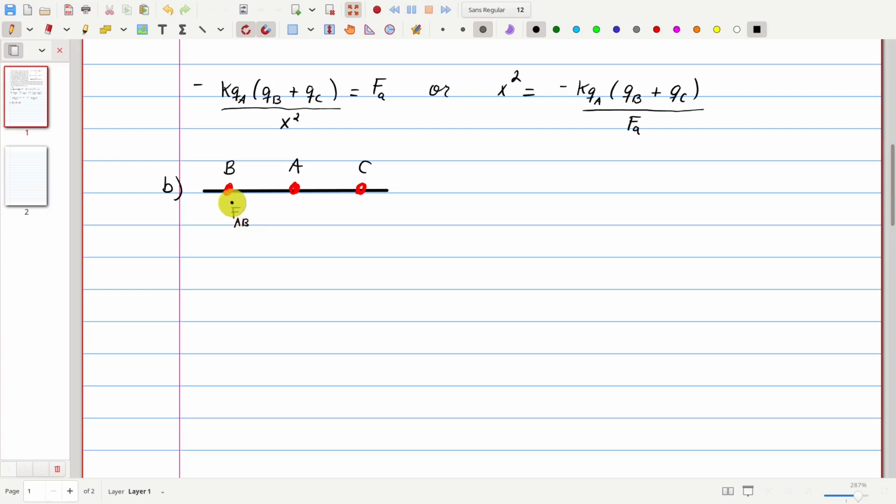This change of position implies that the force on particle A due to B is now in the direction of the unit vector x. So it will be positive. But the force on A due to C is the same as in the first configuration. And as such, it is negative.